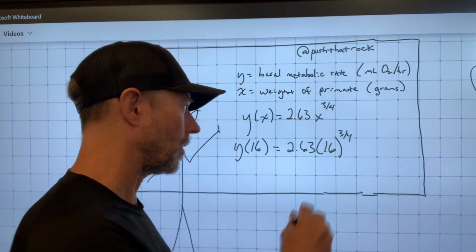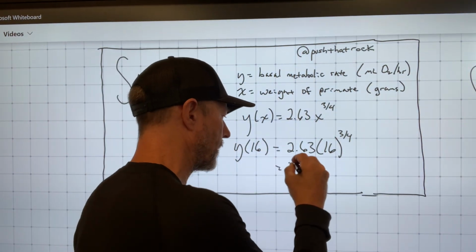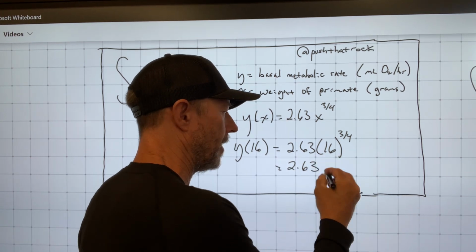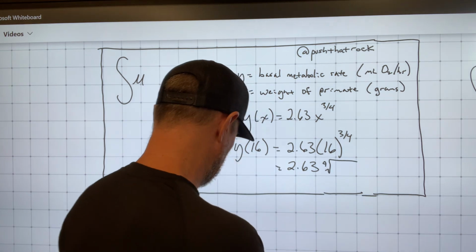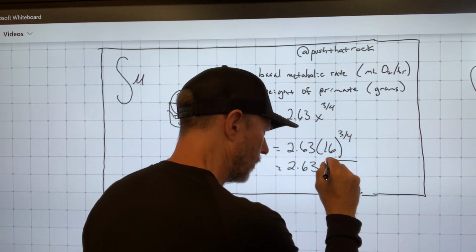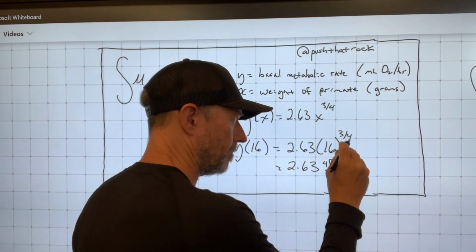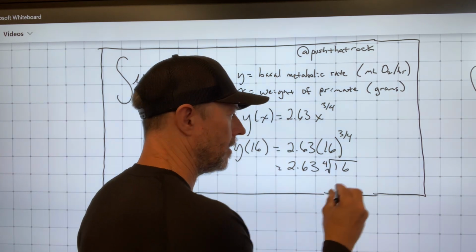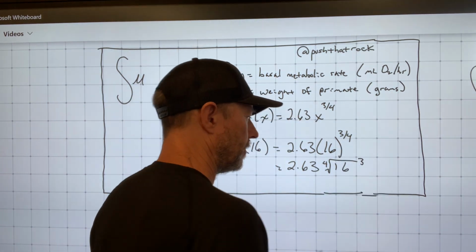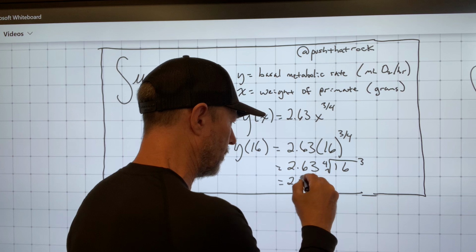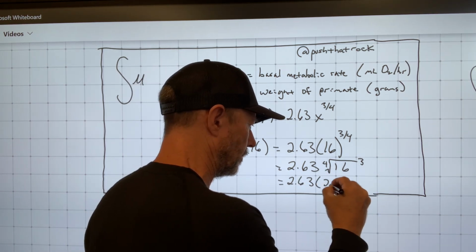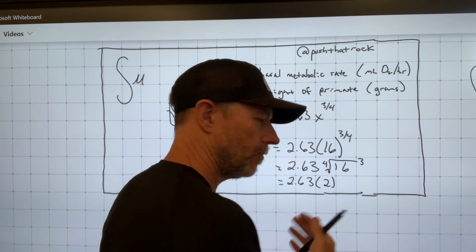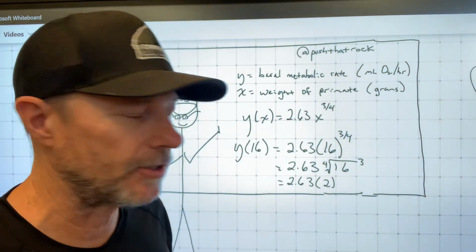So this means that I have the fourth root of 16, because the 4 is in the bottom, so it's where the roots are, raised to the third power. So I have 2.63. The fourth root of 16 would be 2, because 4 2's multiplied together give you 16.